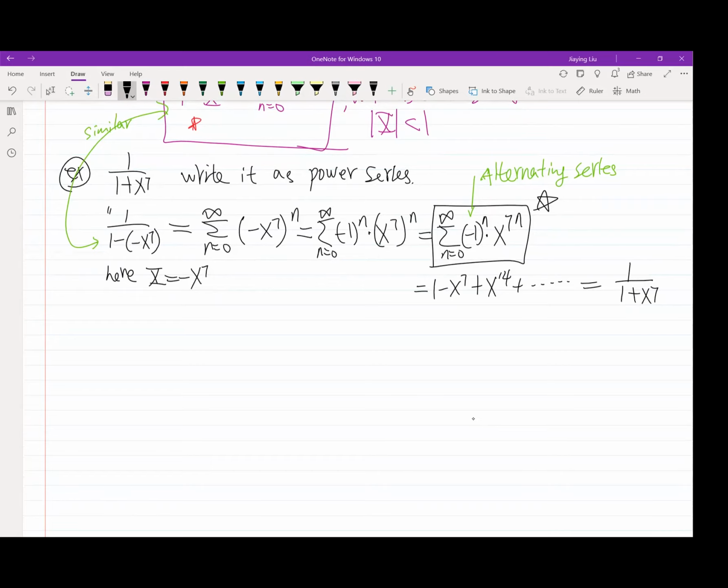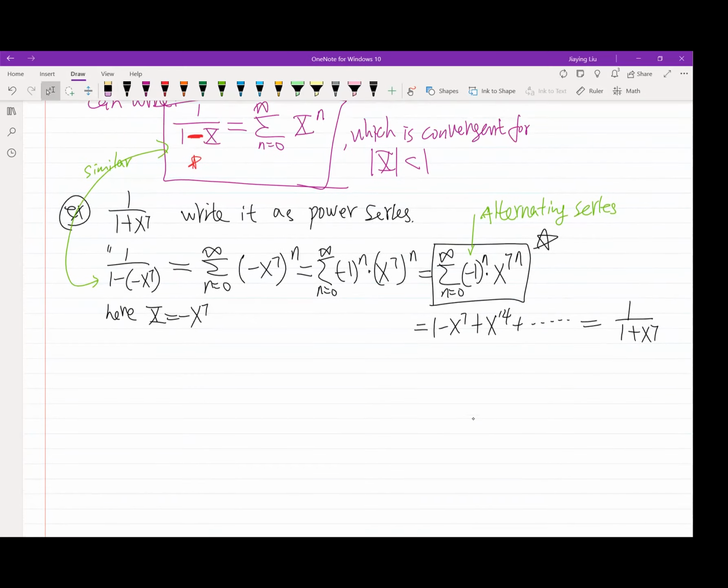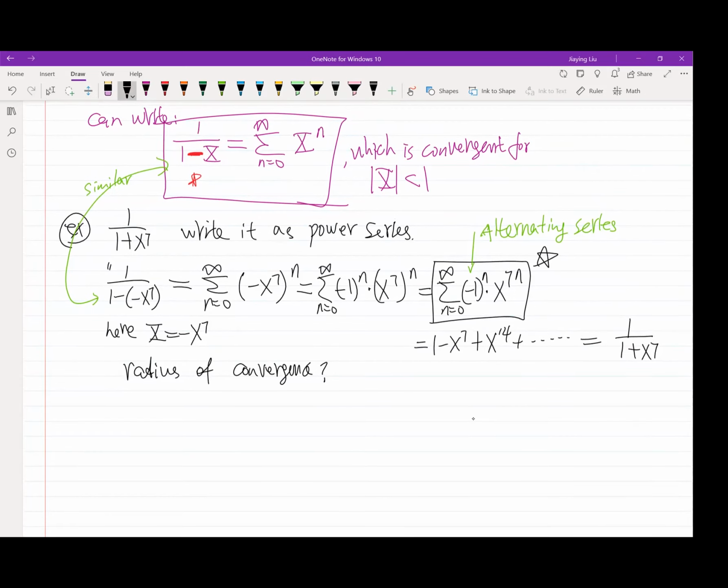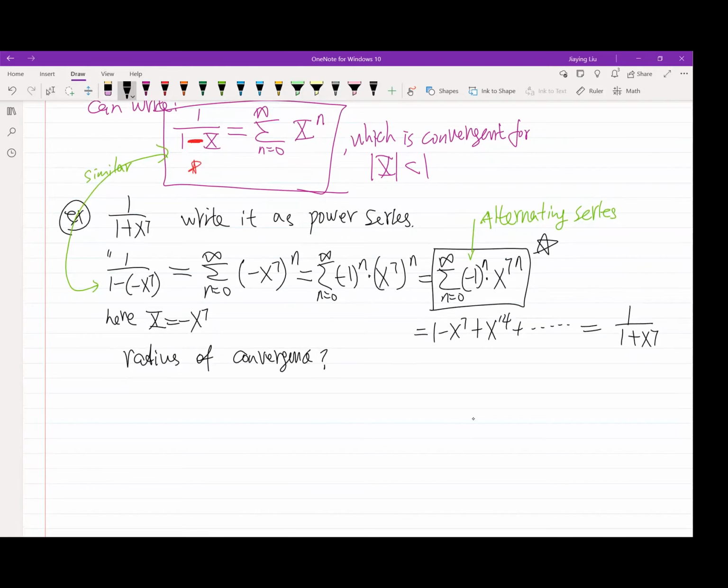Now, what about the radius of convergence? Well, previously, in the one I'm writing in purple at the top here, we know that 1 over 1 minus X is convergent for the absolute value of capital X less than 1, which means this series I just found is convergent.